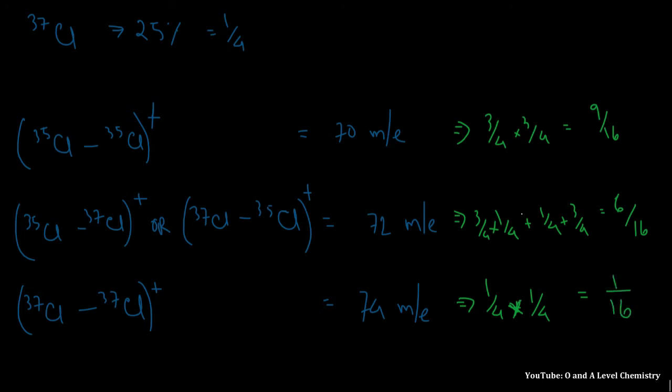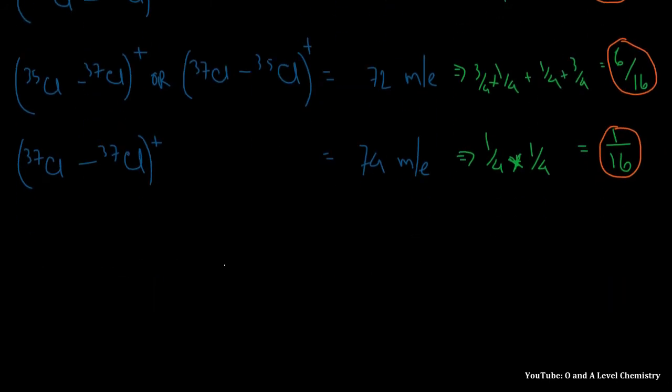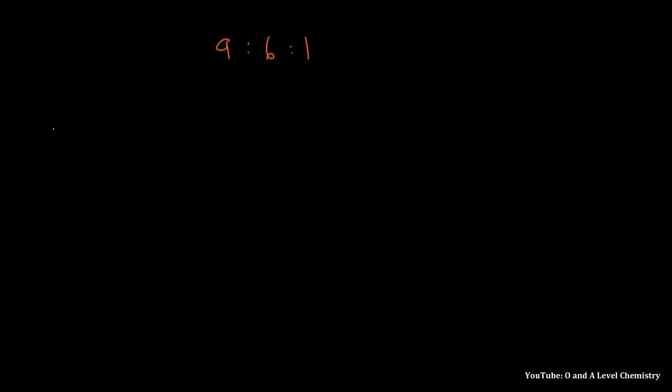So these are the heights that we're going to see: 9 by 16, 6 by 16, 1 by 16, right? So if we multiply all of them by 16, then the height ratios are going to be 9 is to 6 is to 1.